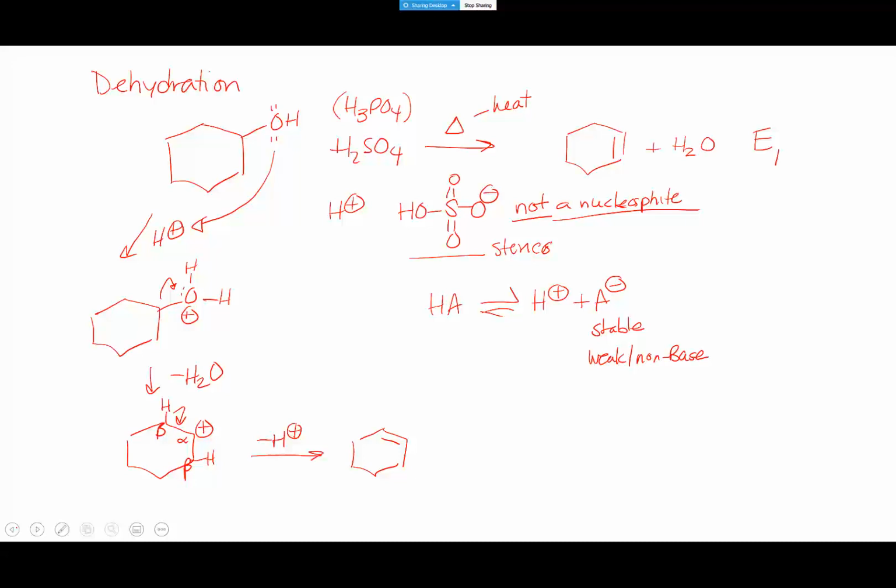And then one question that I didn't ask that I will now ask is, in this mechanism, which is protonate the OH, form the oxonium ion, lose the water to form the carbocation, lose the H plus, what is the role of the H plus in that mechanism?